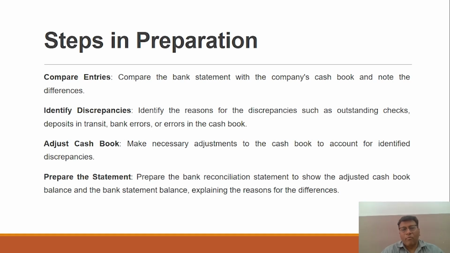For example, suppose you are depositing a check into the bank, and you send a person to the bank for depositing the check or cash. But in transit, the check or the cash was lost, and that person is not telling you that he could not deposit the cash or check into the bank.